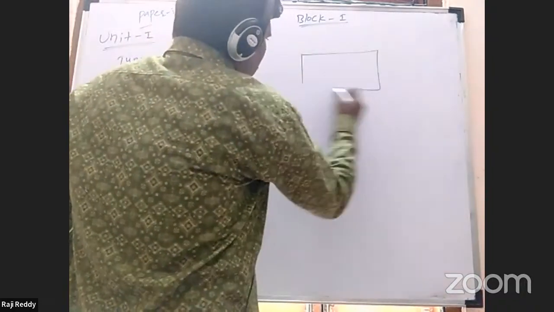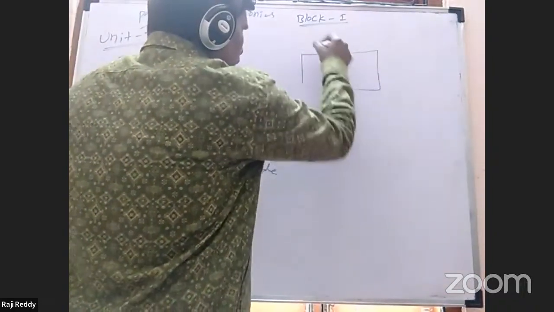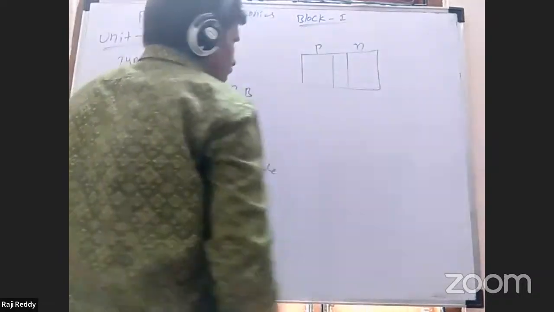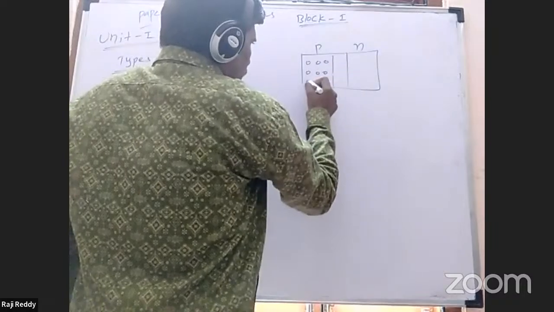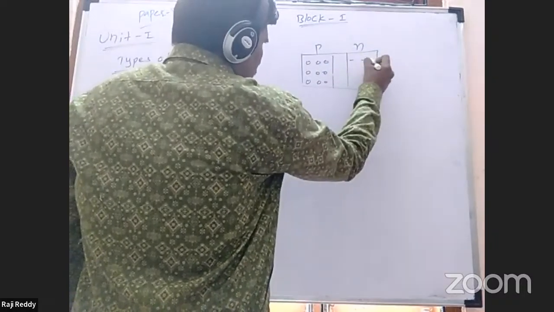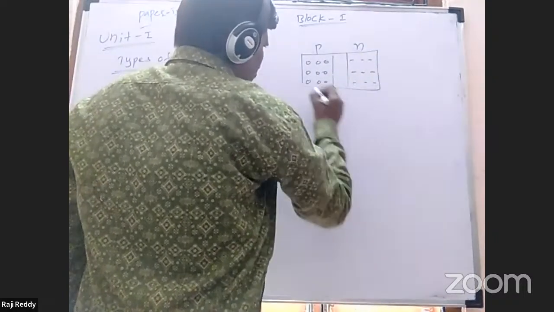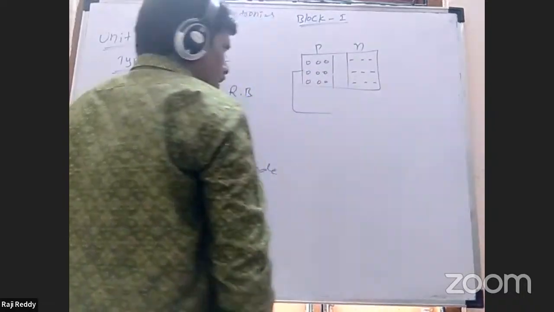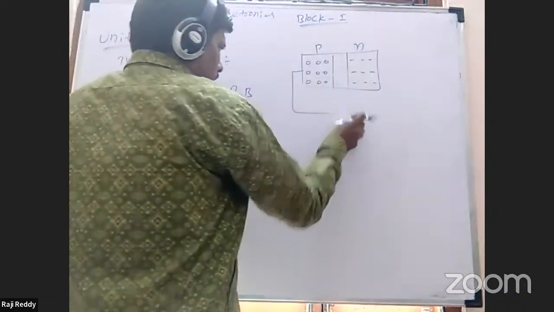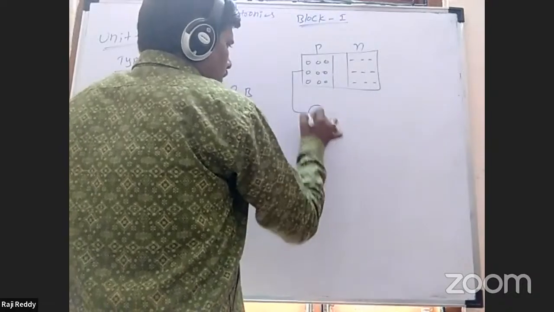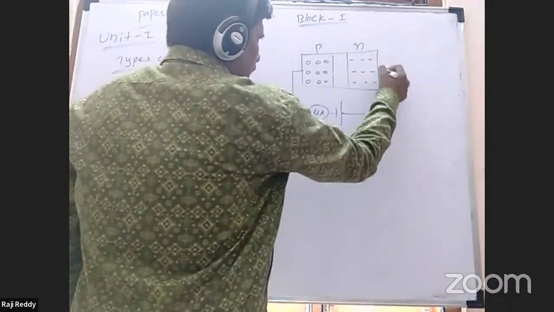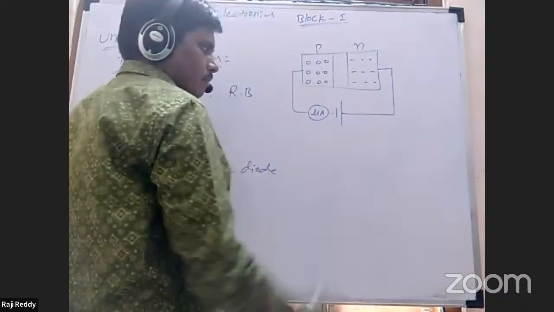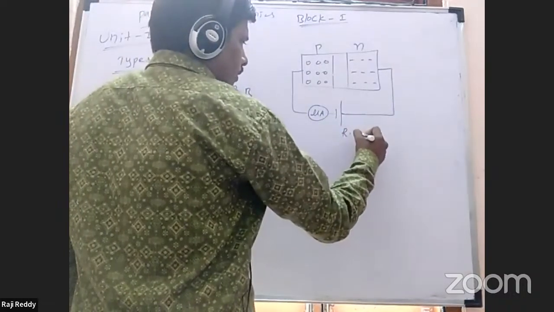We know from the previous discussion that P-type and N-type materials are doped or sandwiched. Here it is working in reverse bias, like this.